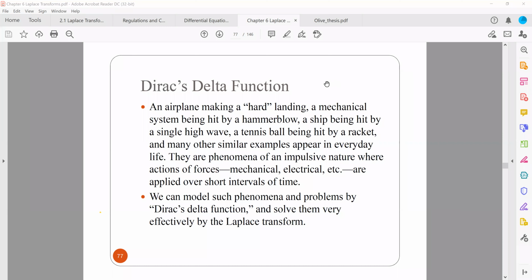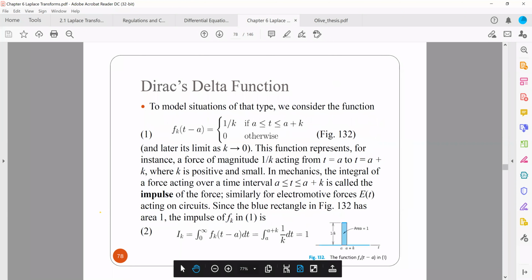So it's used to model so many different things, but don't worry about that. For those who want understanding, you can read some of these things, but here it's mainly the mathematics we're interested in. This function, figure 132, shows a representation of it. It's usually defined as 1 over k, for some value k, for the interval a less than or equal to t, which is less than or equal to a plus k, and 0 otherwise.